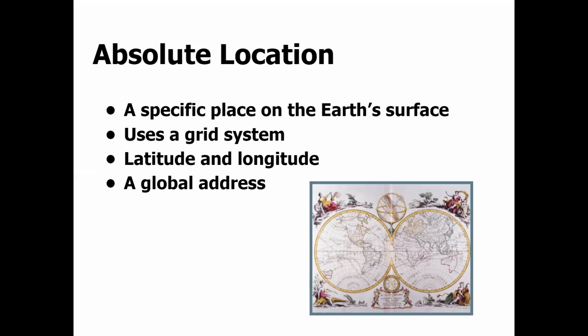They're like little dashes across the map. It might be hard to see, but you can maybe see it up here. It says 150 degrees, 120, 90, 60, 30, 0, and it has degrees on either side. Do you know what those are called? Yeah, it's latitude and longitude. That is what we use to give an absolute location.